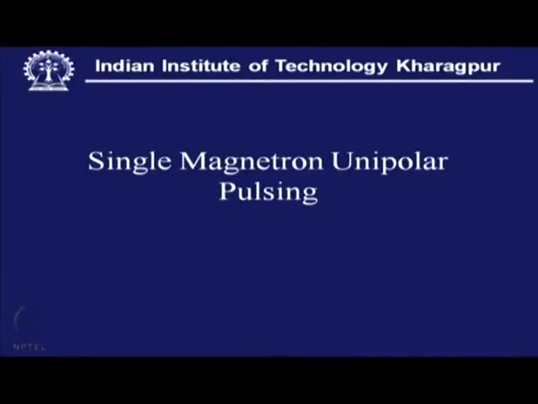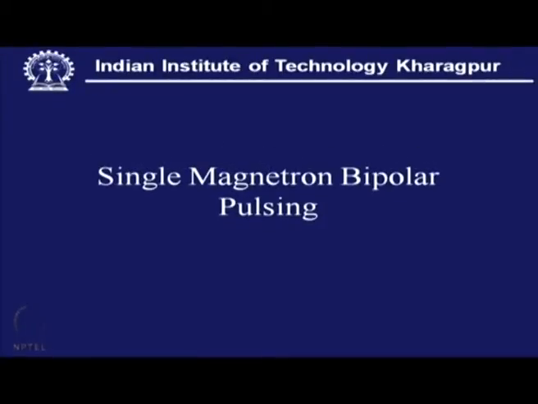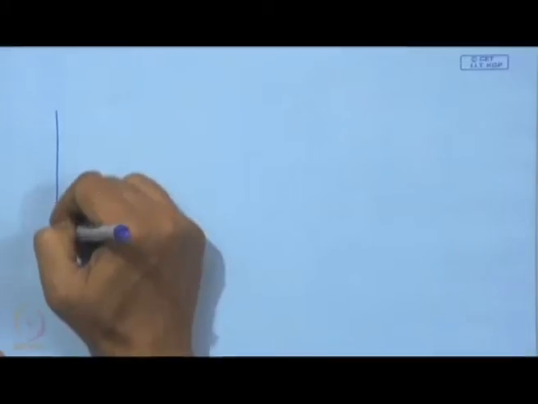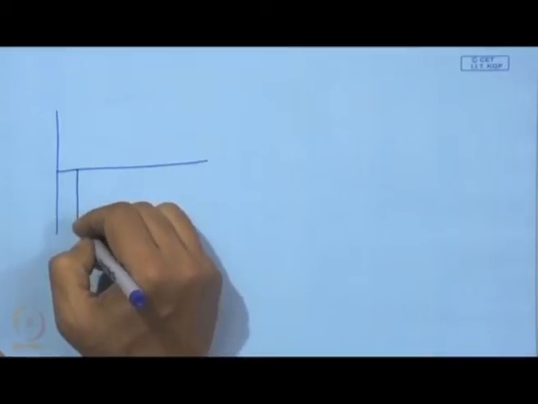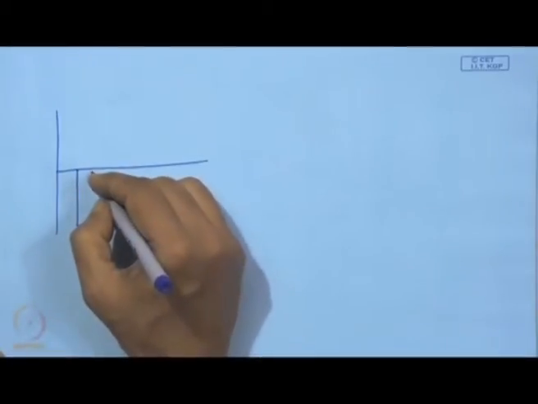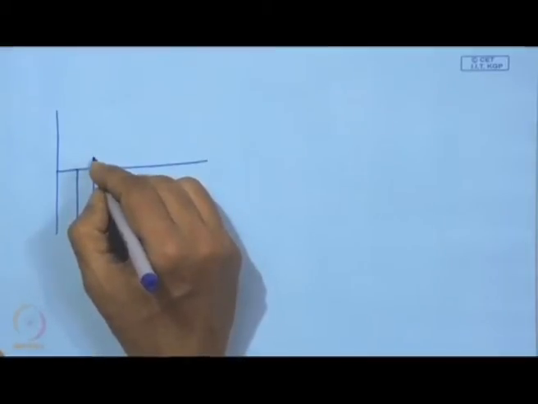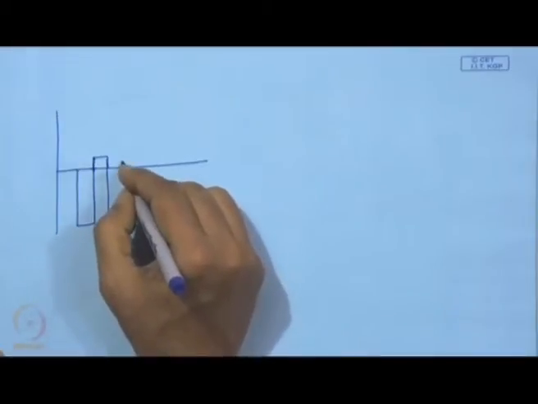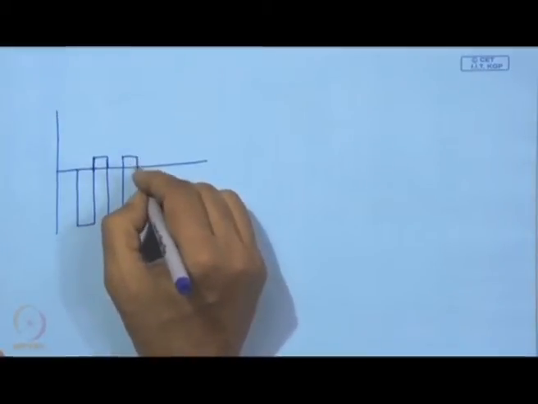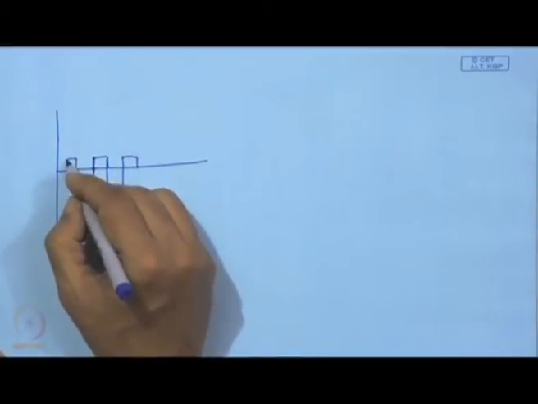Following that we have another one, single magnetron, but with bipolar pulsing, single magnetron bipolar pulsing. Here, this is also single magnetron, but we have a little bit of positive polarization and the process repeats itself. It is something like this.